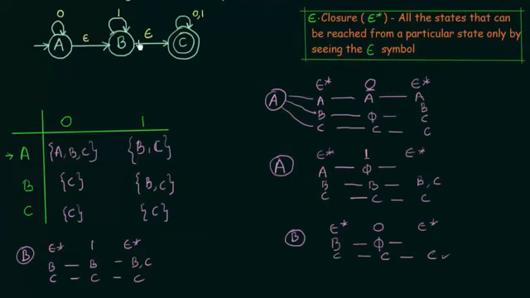A, only by seeing epsilon, can reach C, which is a final state, and B also, only by seeing epsilon, can reach the final state C. So A and B will also be final states, and C was already a final state. So in our NFA we have A as the initial state, and A, B, C, all of them are final states.